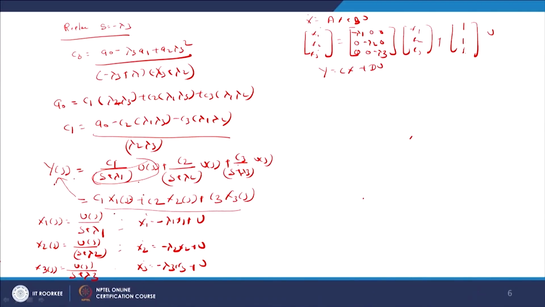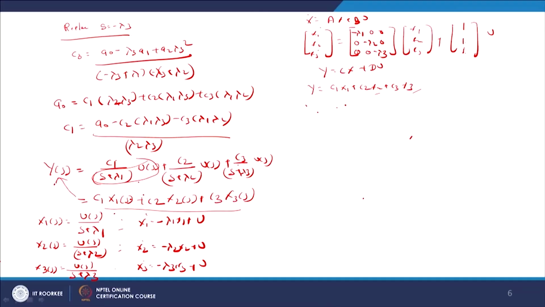This is y of s. So here we can also apply the inverse Laplace transform to this equation. So we can write y equals c1 x1 plus c2 x2 plus c3 x3. We can write it in terms of y of t also: y of t equals c1 x1 of t plus c2 x2 of t plus c3 x3 of t also.